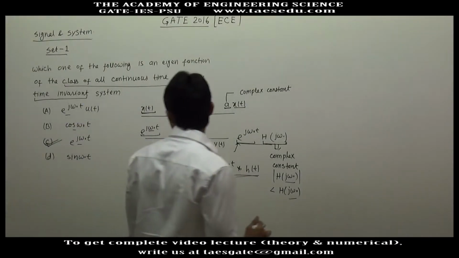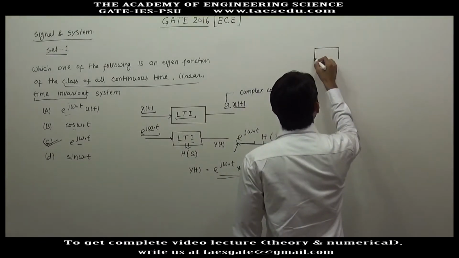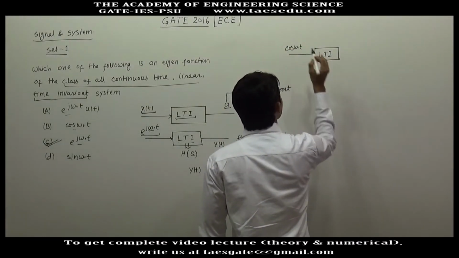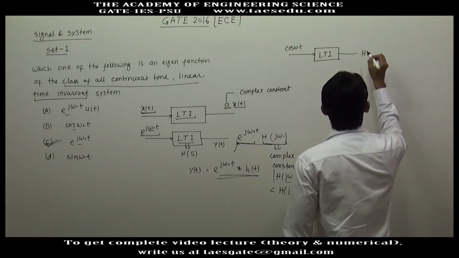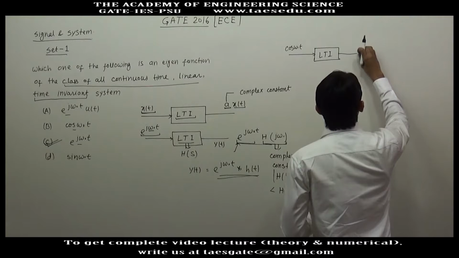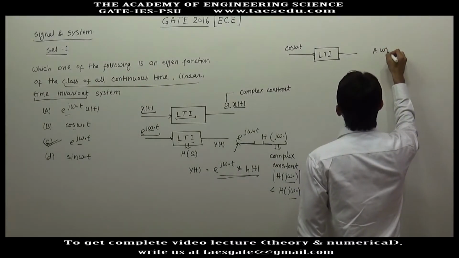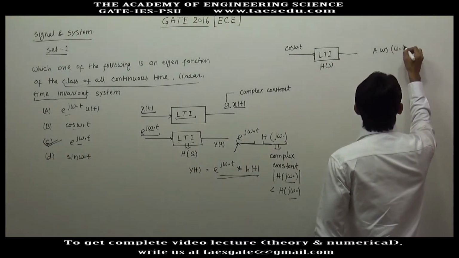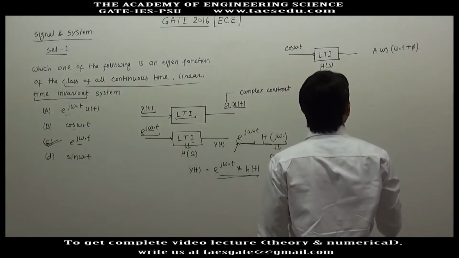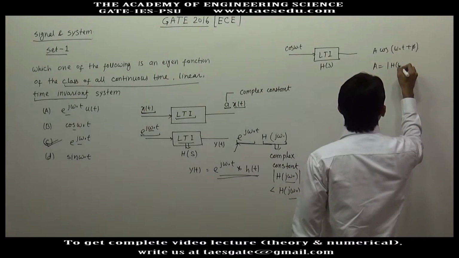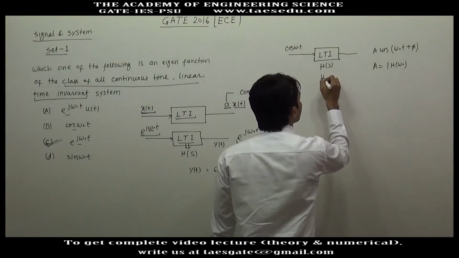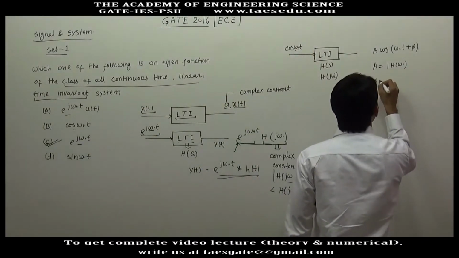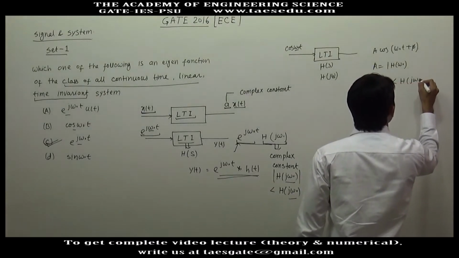We have also studied that for the same LTI system, if you give cos omega naught t, the output will be a cos(omega naught t plus phi), where a is the modulus of H(j omega) at omega equal to omega naught, and phi is the angle of H(j omega) at omega naught.